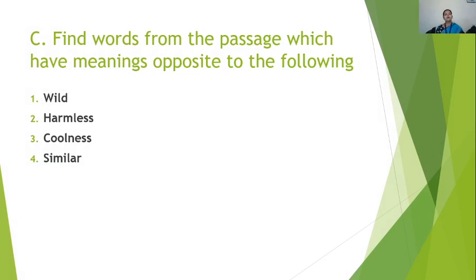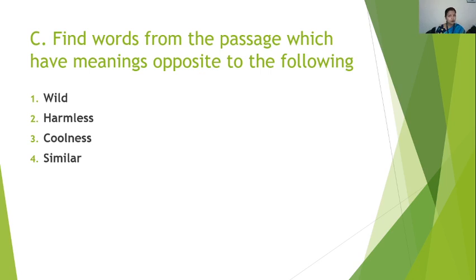Yes. Now let's move towards the 3rd exercise. That is, find words from the passage which have meanings opposite to the following. Means antonyms have been asked of the given words, but the condition is you can write only those antonyms that are used in the passage. Like wild may have domestic or tamed.